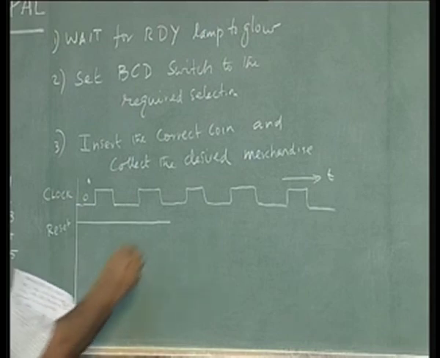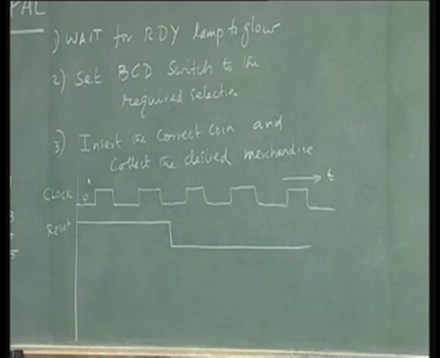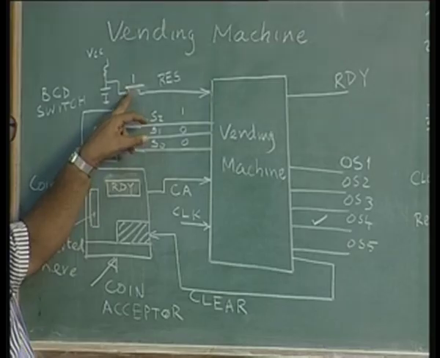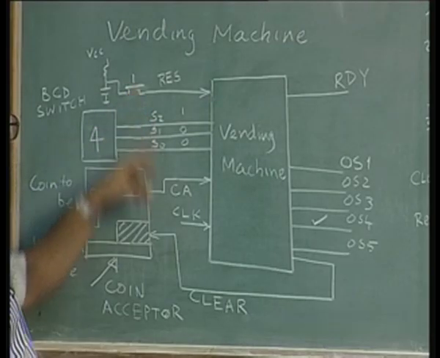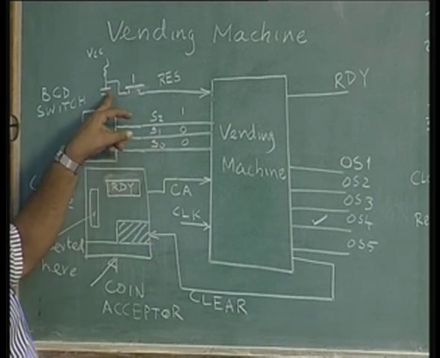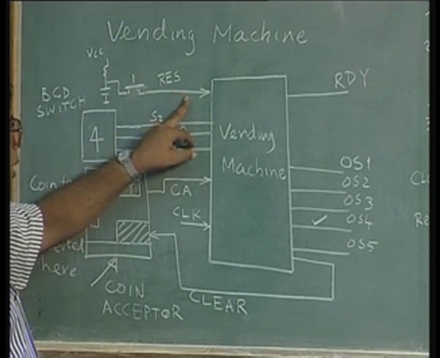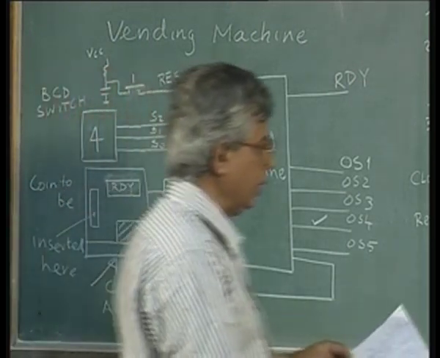Reset is a non-synchronous operation. It can happen any time because you are going to push the switch. When you reset it, it is going to give the reset signal momentarily, and it can happen any time.